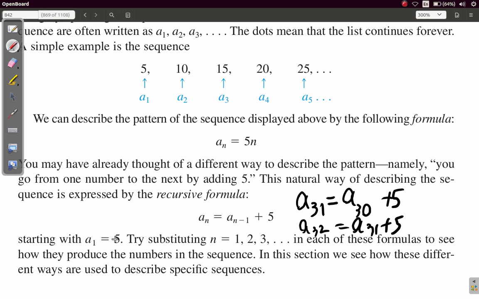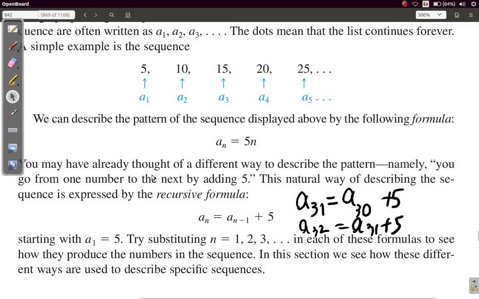So if you start with 5 and you try substituting n as 1, 2, 3 and so on, you see how they produce the numbers in the sequence. We did that already. When n is 1, it's 5 times 1, when n is 2, it's 5 times 2, and so on and so forth. Alright.